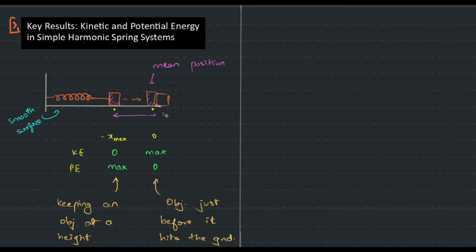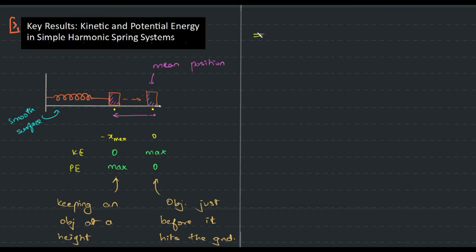It will keep reducing, and the kinetic energy will gain it. So it will have the highest kinetic energy at the mean position, while the potential energy will be 0. And when it goes to the left extreme, the kinetic energy is 0, while the potential energy is highest. So this keeps happening. Now, here we are looking at the results.